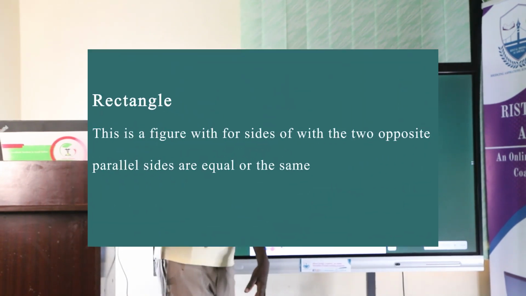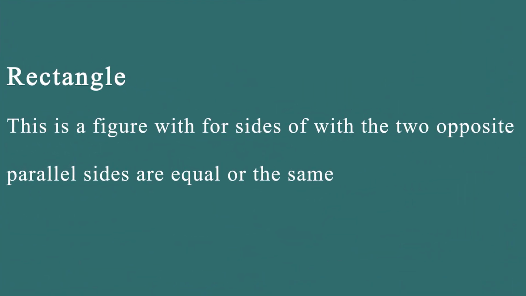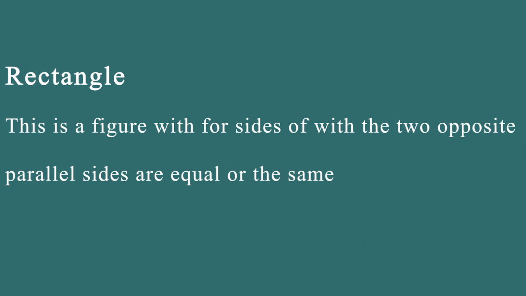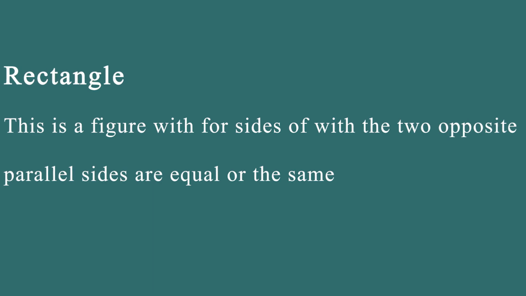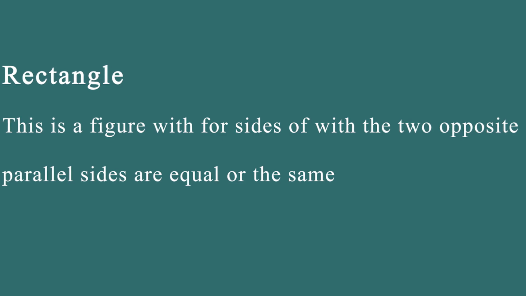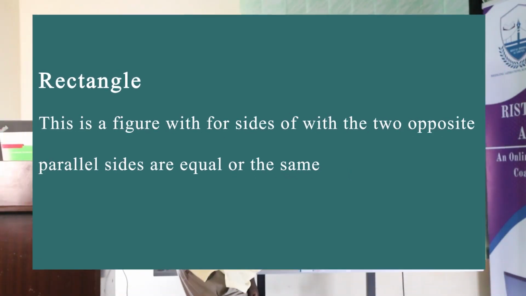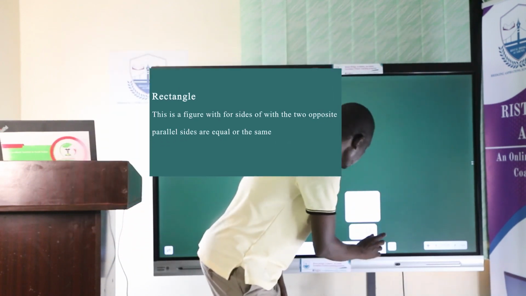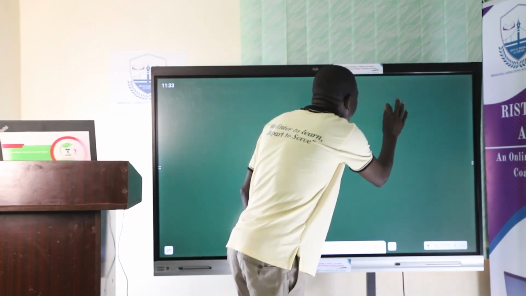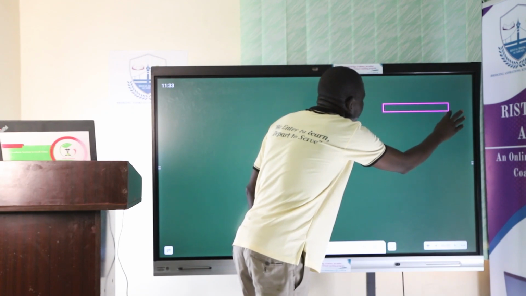When we talk about the rectangle, this is, first of all, a figure with the opposite parallel sides equal, whereby the sides which are parallel are equal. And this is how a rectangle looks.